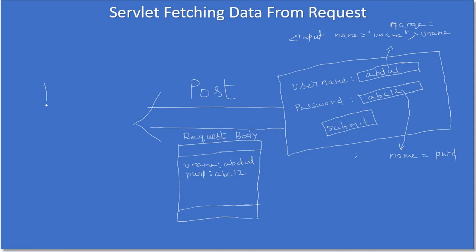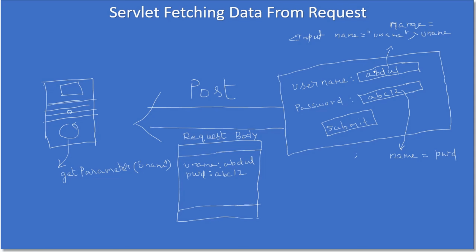Now when we come to the server part, the server has the servlet which is running inside the Wildfly. The servlet here gets this parameter using getParameter. Here we pass a string, right? Say, for example, we pass uname.